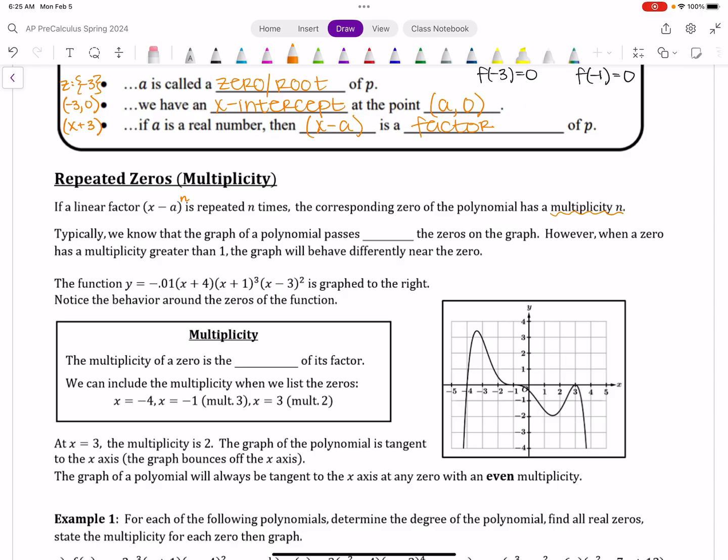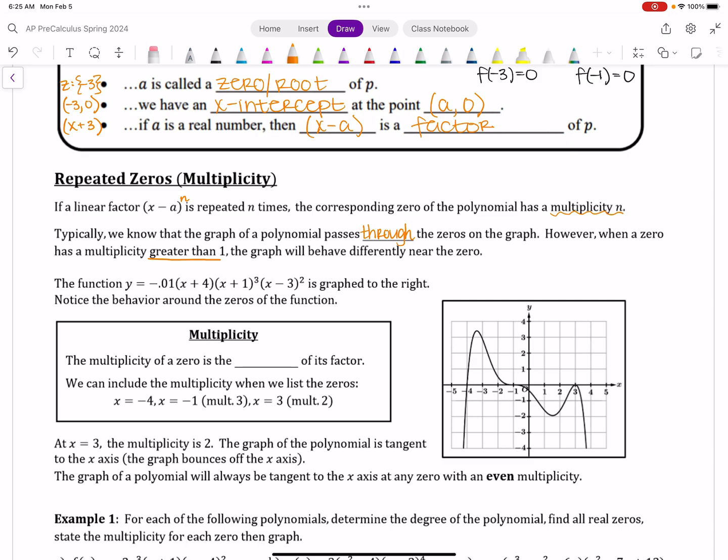And usually we know that polynomials pass through the zeros on the graph, especially with linear functions. However, when we have zeros with multiplicities greater than 1, the graph behaves differently at that zero.